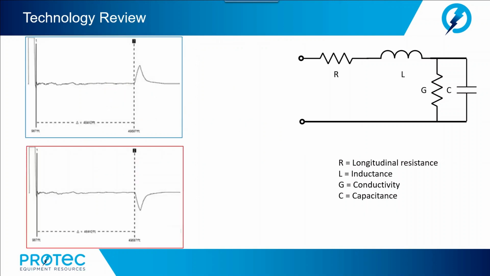Now, a change in characteristic impedance will cause one of two types of reflections, either a positive reflection or a negative reflection. Positive reflections are caused by increases in impedance.